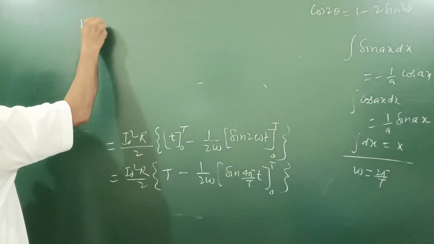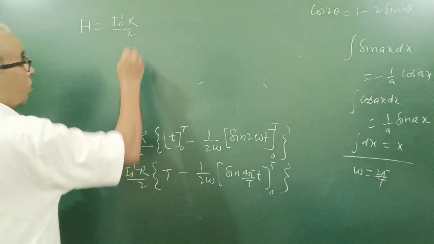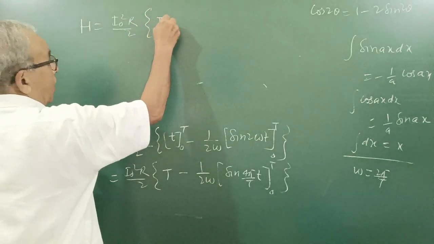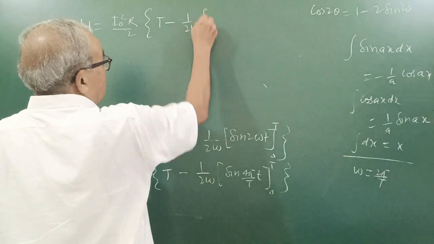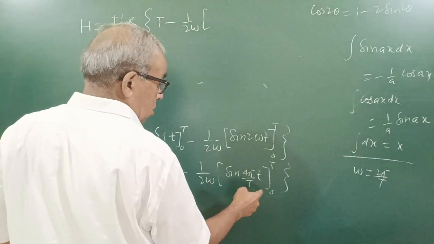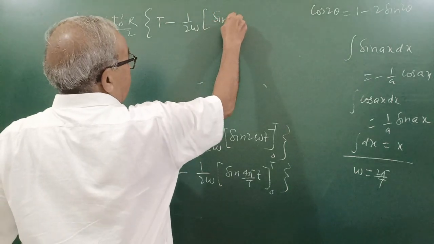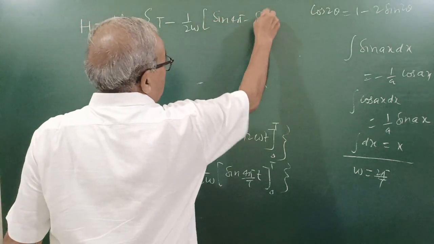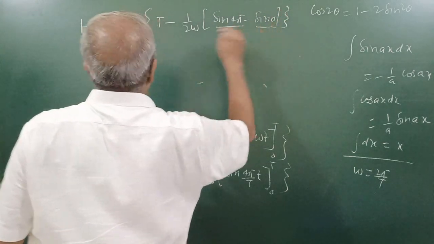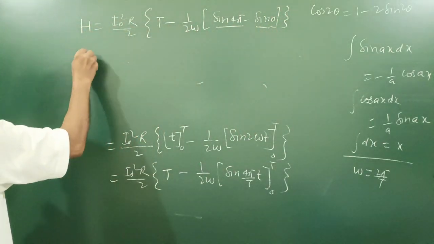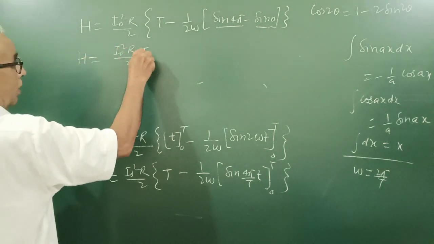H equal to I0 square R by 2 times T minus 1 upon 2 omega times sin 4 pi minus sin 0, and both are 0. So the heat produced in time T is I0 square R by 2 into T.